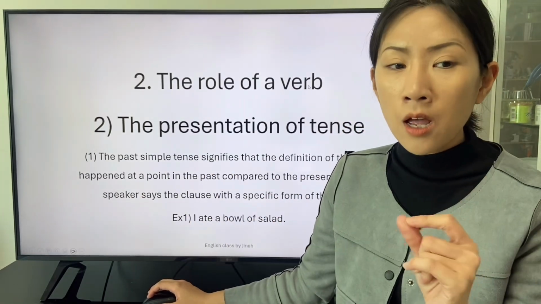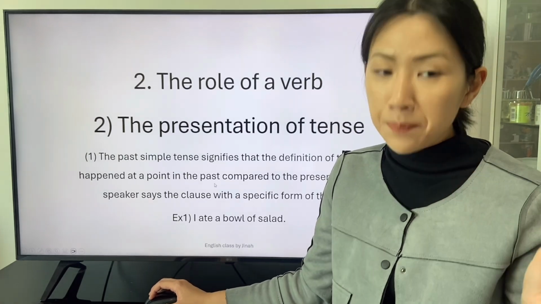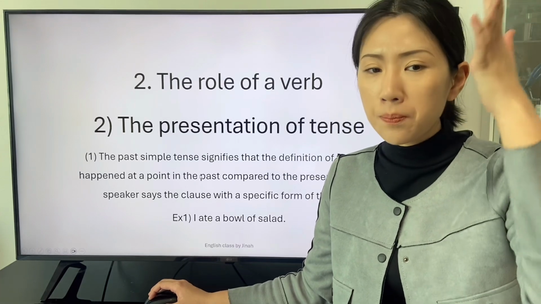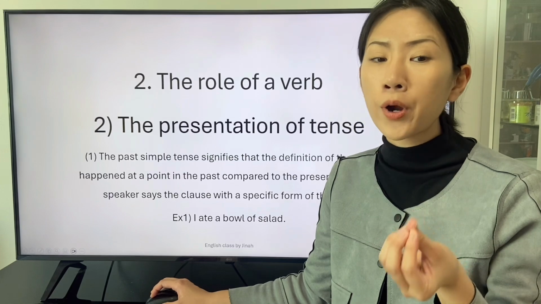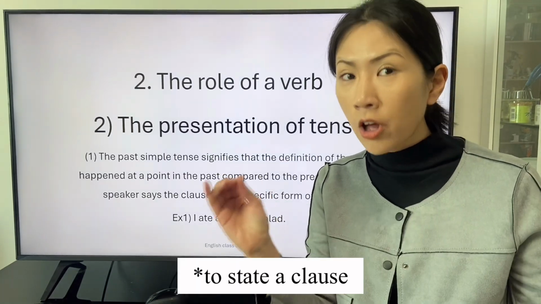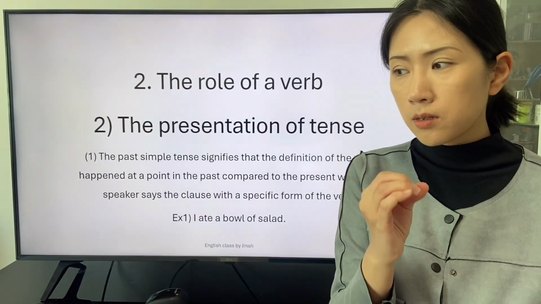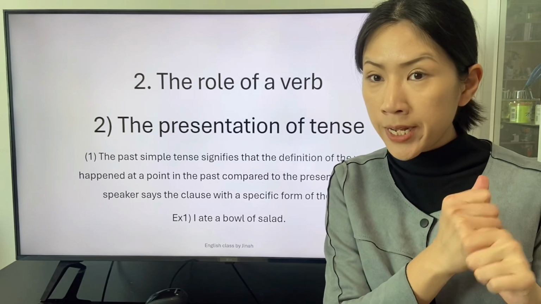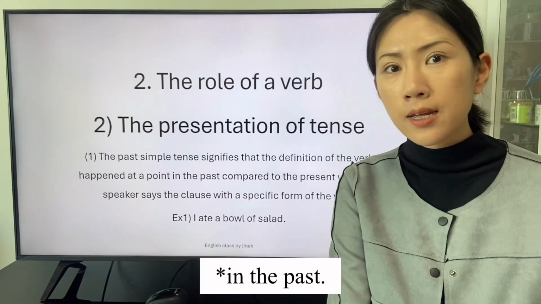First, the past simple tense signifies that the definition of the verb happened at a point in the past compared to the present, when the speaker says a clause with a specific form of the verb. The speaker in the past simple tense deals with an experience, a condition, or an action that happened.